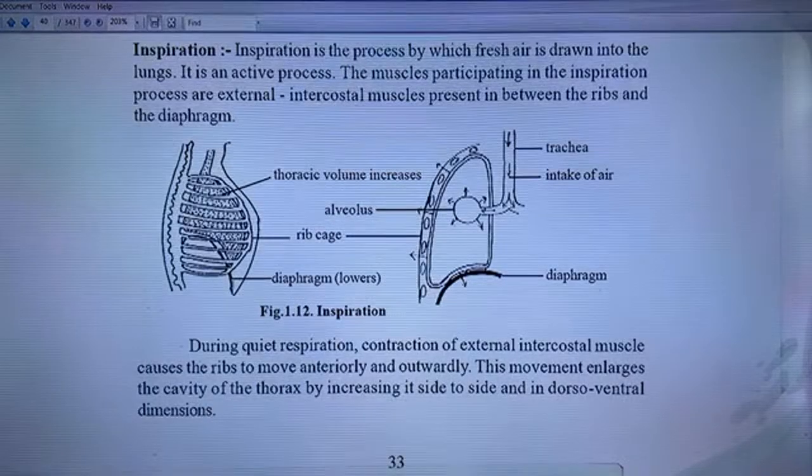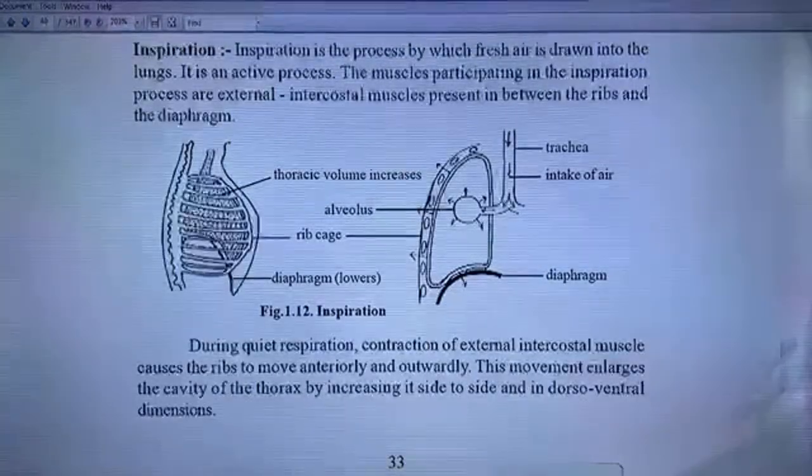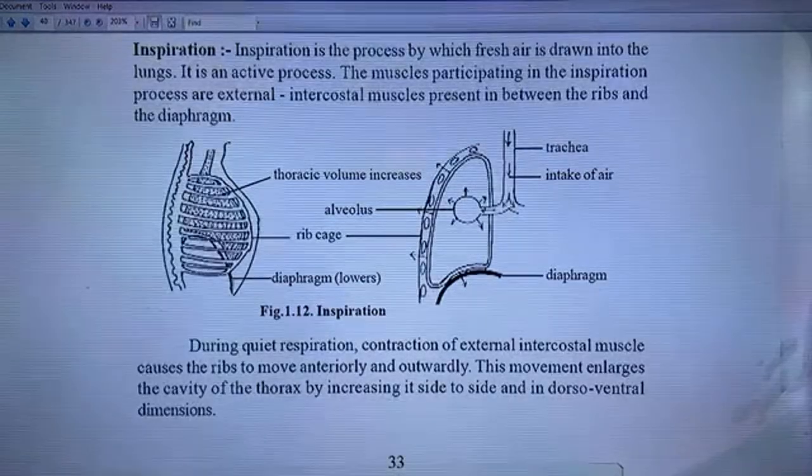During quiet respiration, contraction of the external intercostal muscles causes the ribs to move anteriorly and outwardly. This movement enlarges the cavity of the thorax by increasing its side to side and dorsoventral dimensions.